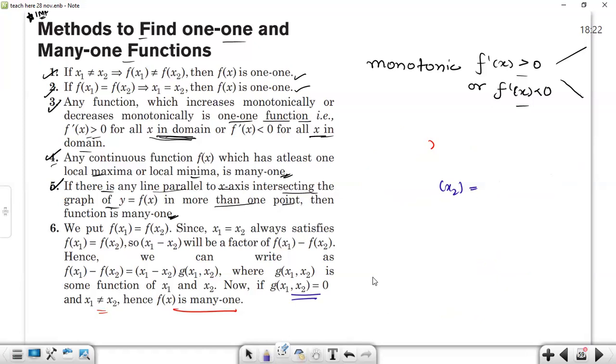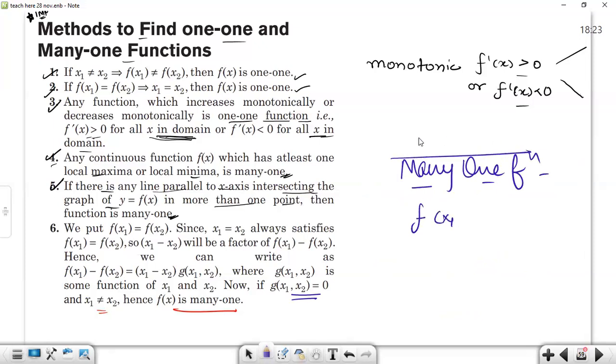If you have to check whether a function is many-one or not, simply go back to the definition of a many-one function and check. First of all, consider whether f is many-one or one-one.